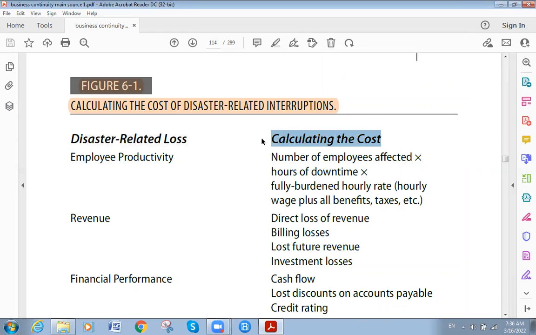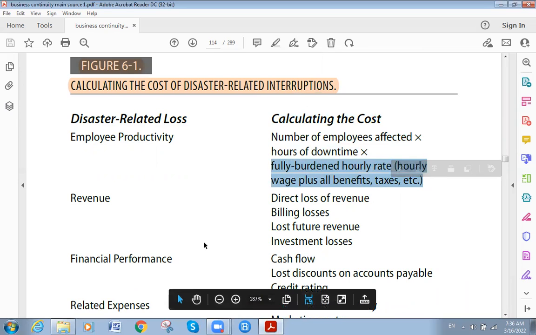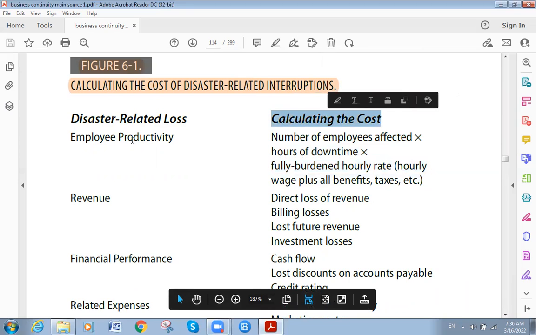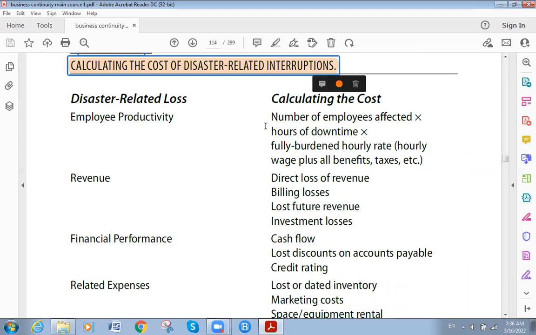Calculating the cost of employee productivity: number of employees affected times hours of downtime, times fully burdened hourly rate, hourly wages plus all benefits, taxes, etc. So this will give you the cost of employee productivity when there is an interruption.